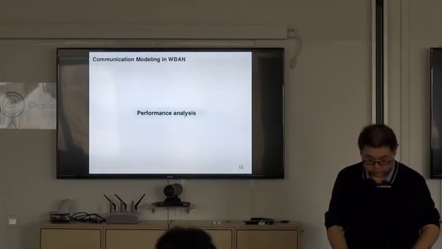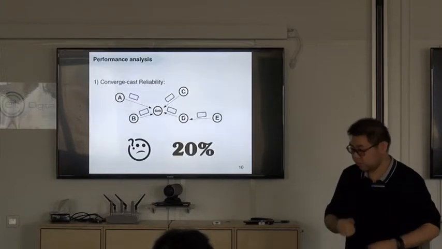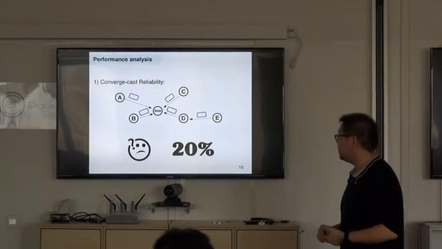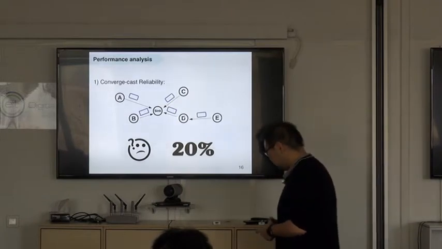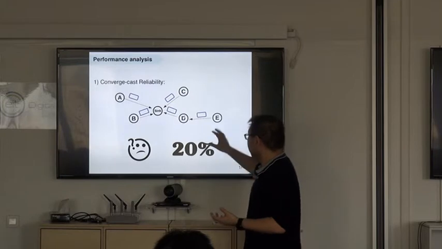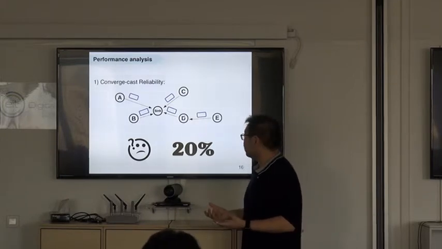Here we show the first performance analysis. There are two performance parameters we are interested in. The first one is the converge-cast reliability, which means how many packets from all the sensors in the network can be received.